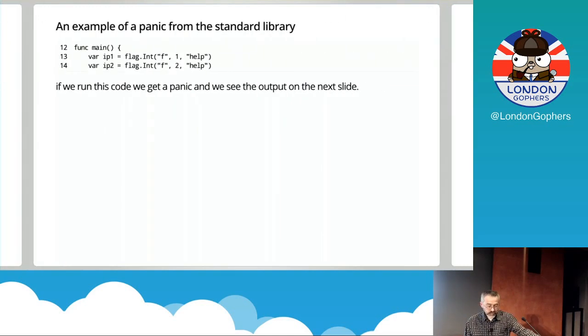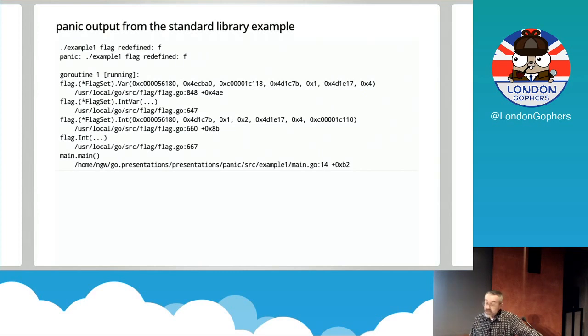So now let's have a look at another thing that will panic. This is the standard library, the flag package. If you try and call the flag package with 2 flags of the same name, you'll get a panic. And so that's the error. And if we run it, we see this.